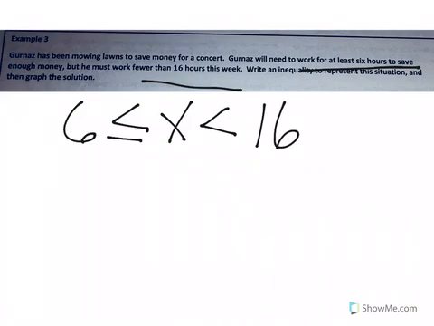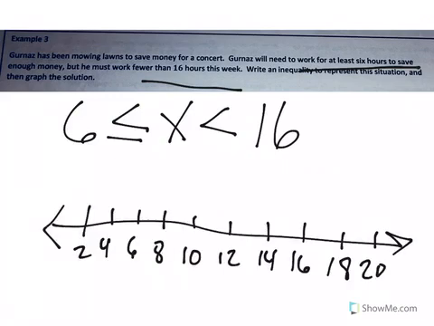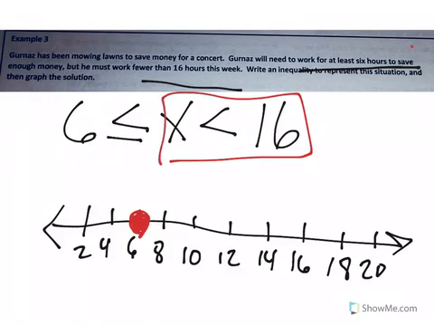So let's draw our number line, our graph here. Okay, and I'm going to go ahead and do this with a red just so we can kind of see. So I'm going to do this portion first. So 6, I'm starting at 6, and 6 can be included. He can work 6 hours. So I'm going to fill in the 6, and then I'm going to come over to this portion here, and I know he has to go less than 16 hours. So I'm going to go to 16.